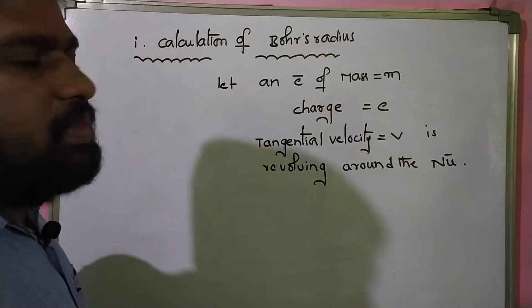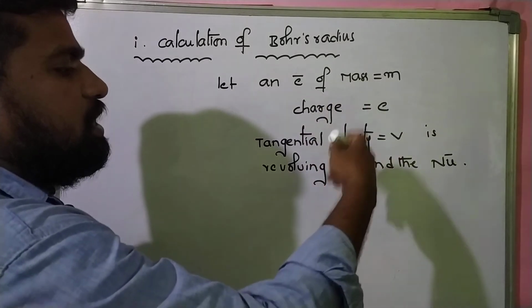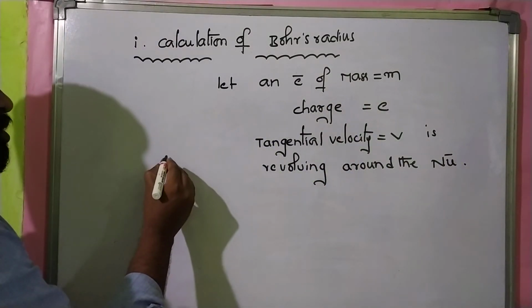Listen everybody. Suppose one electron is revolving around the nucleus like this.